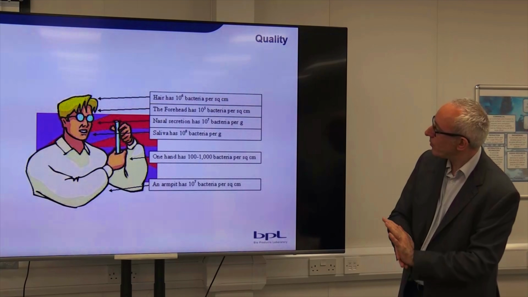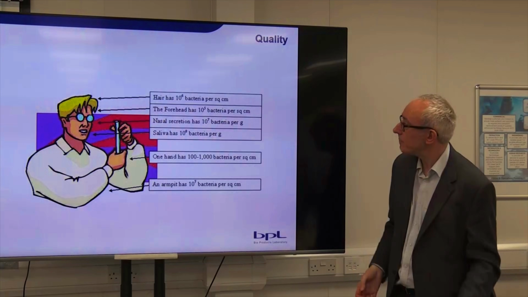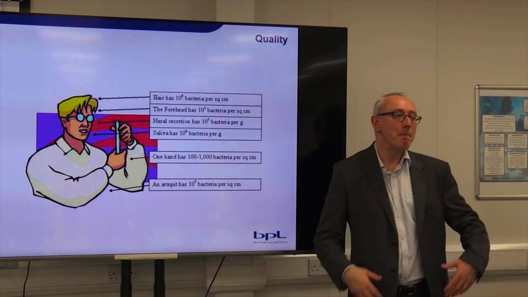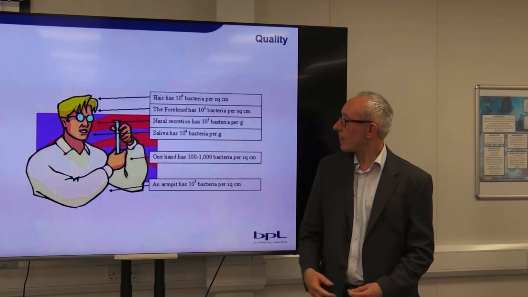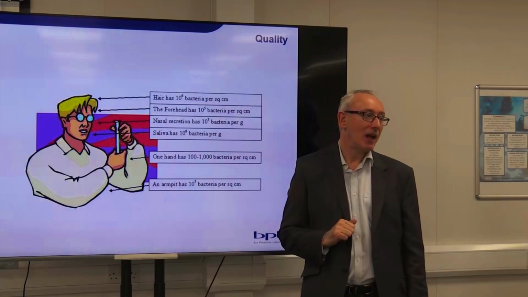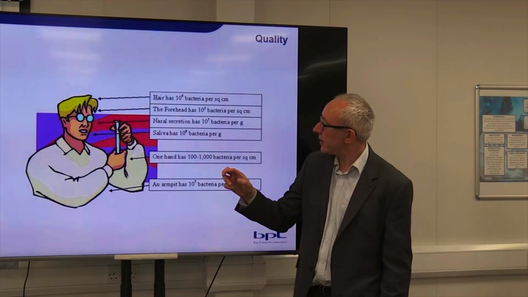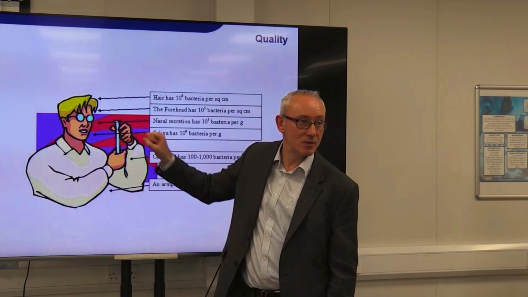Okay, so just some examples in relation to the outer layer of the skin. Our hair has about 1 million bacteria associated with it. The forehead has about 100,000 microorganisms. And the interesting thing is they're going to be different types of microorganisms.